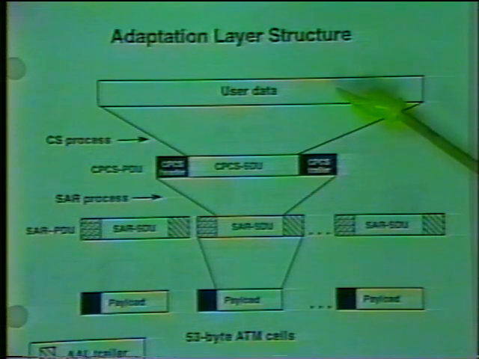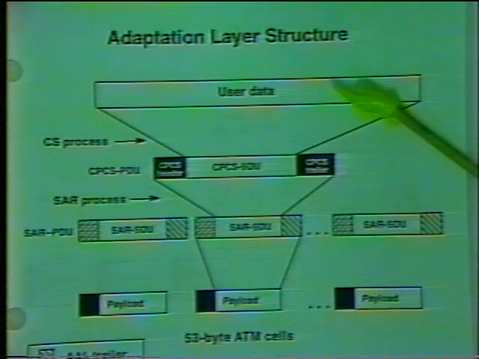And depending upon the AAL, this can be of variable size. What we're going to ultimately want to do is transmit information into fixed length cells, which again were 53 bytes in length. So again, based on the type of service, whether we're video, voice, or data, we're going to want to take that information and break it down into these fixed length cells.